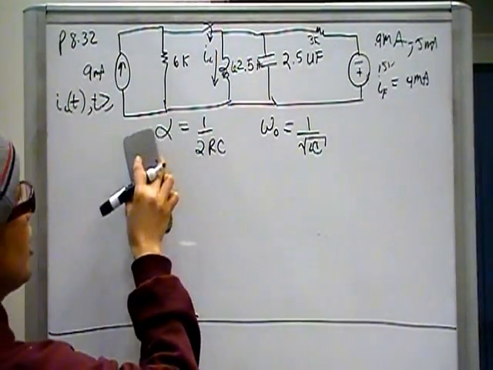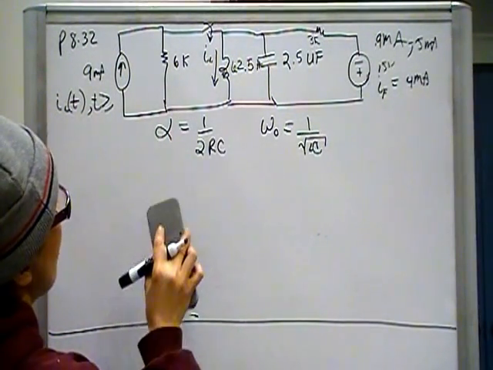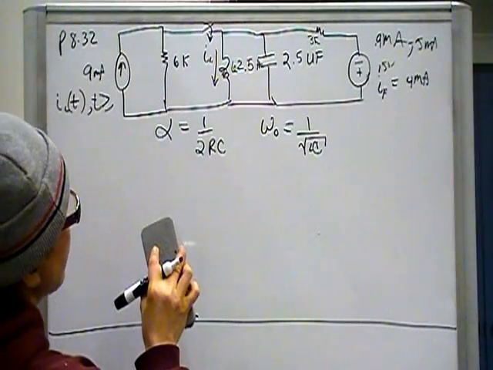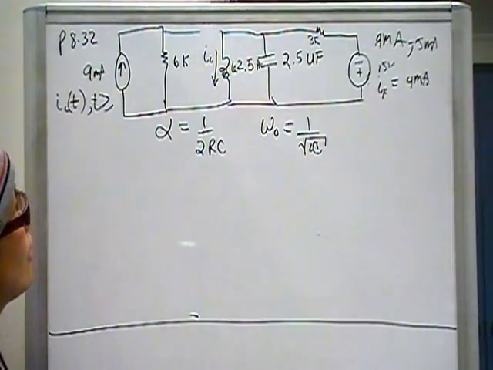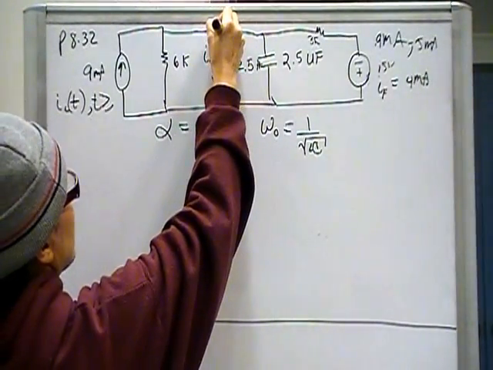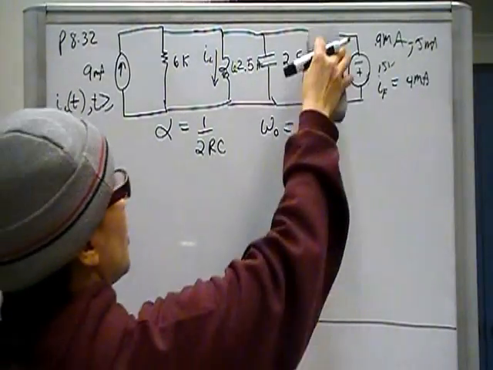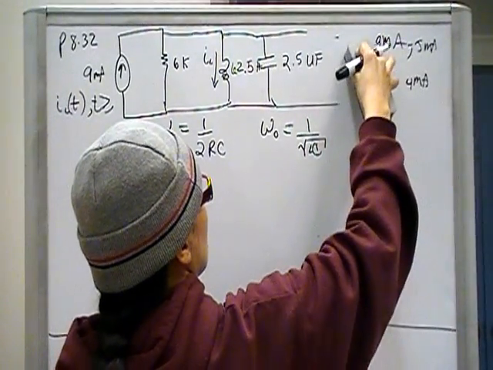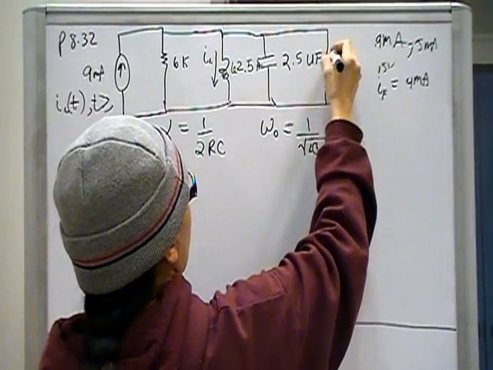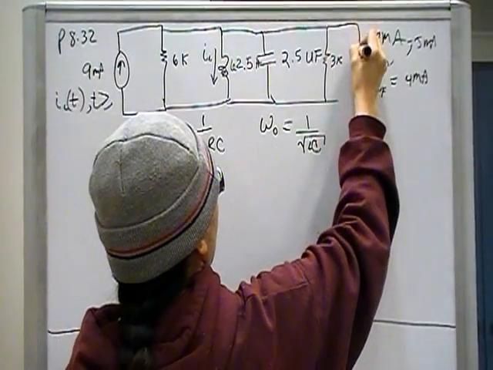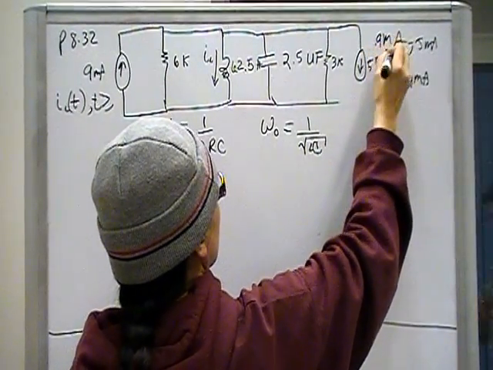So, I'm going to redraw this circuit right at the time when the switching occurs. When the switching happens, this is closed, and the inductor is there, and the capacitor is there. And we want to represent this as a 3K resistor with a current that goes like that, and that's 5 milliamps.